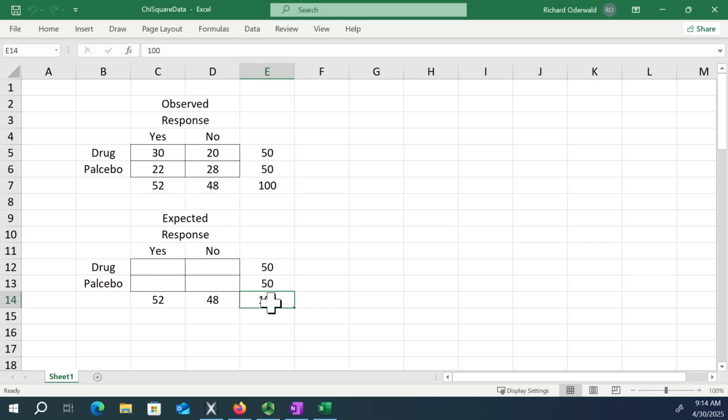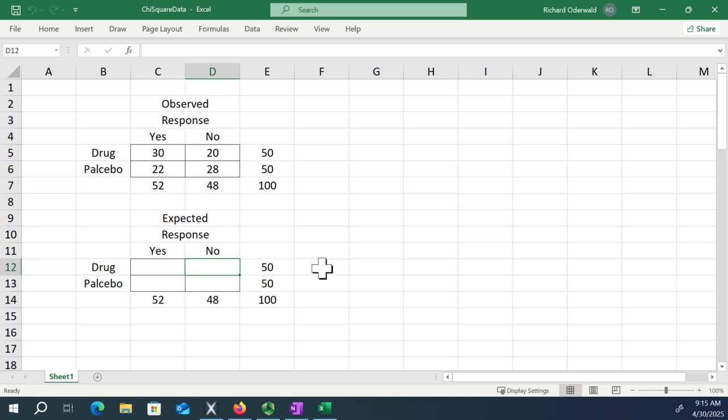The drug has no effect. Got 50 people, say it's half and half. The drug didn't work. So I would expect half of these people in there and another half there.